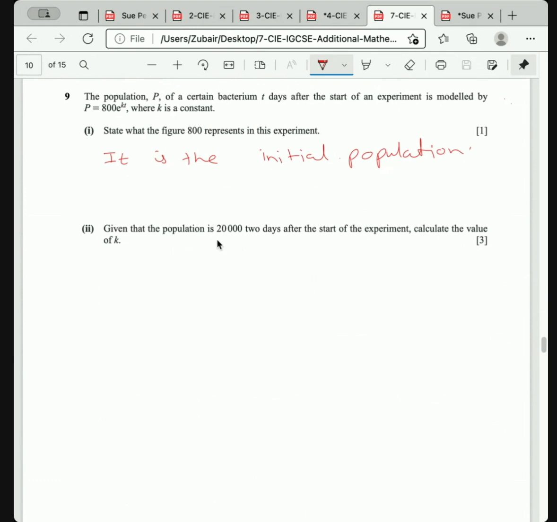Given that the population is 20,000 two days after the start of the experiment, calculate the value of k. So t was days. P equals 800 e raised to power kt. Population 20,000 equals 800 e, k is unknown, and this is 2. So 20,000 divided by 800 is 25.